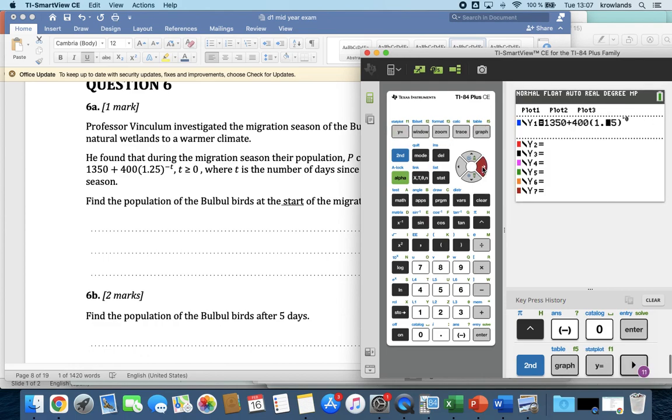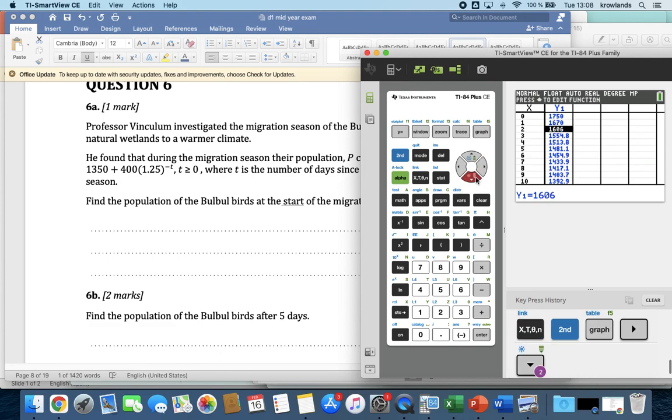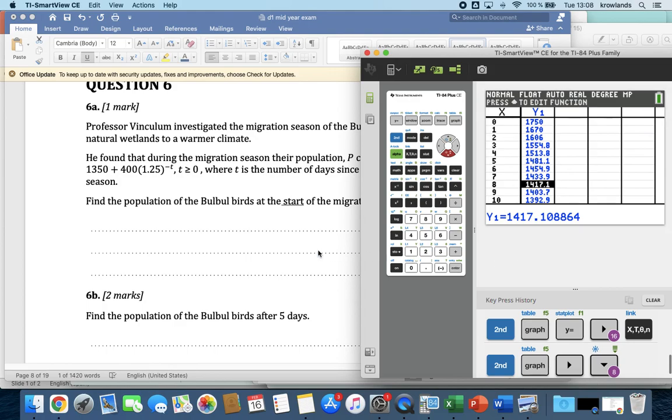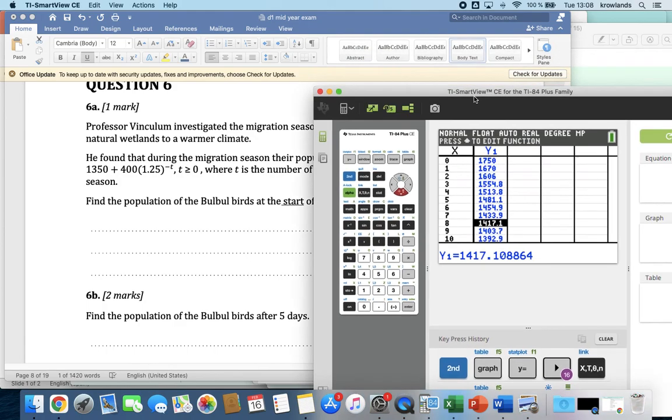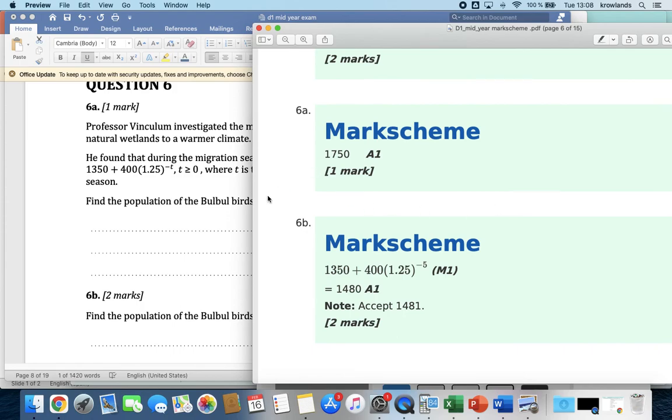You can see I've substituted straight away the value of t to be 0, and I want to find the general case where it changes in the table. So let's substitute this for x. Go back to the table, and you can see at the start of the period, as expected, the population was 1750. However, it decreases every year, year on year. And this is what the table shows you. So our answer to question A is going to be 1,750.